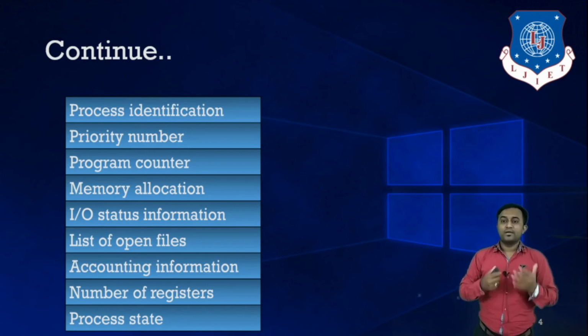Okay. Now the next field is accounting information. Accounting information means it maintains the information regarding how many resources are used by this particular process, CPU resources in terms of CPU, in terms of memory. So that information resides in this particular field. Now the next one is number of registers.